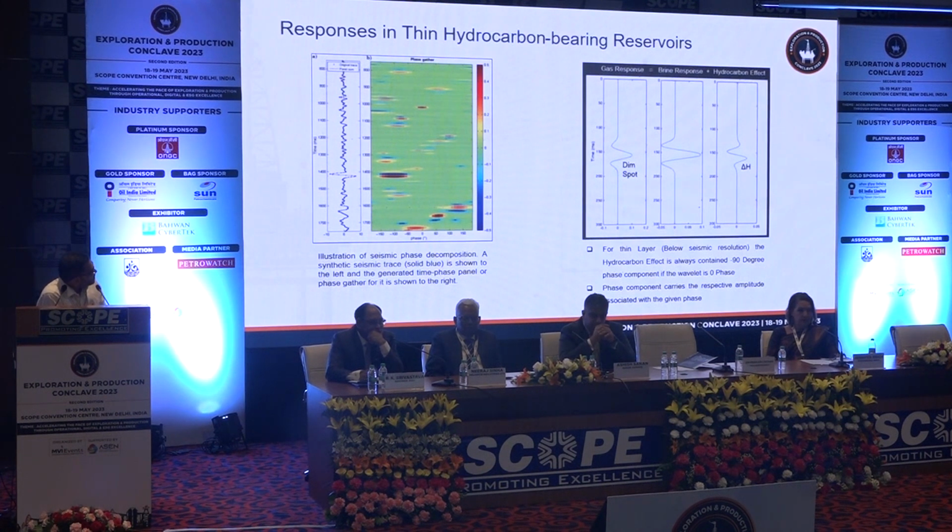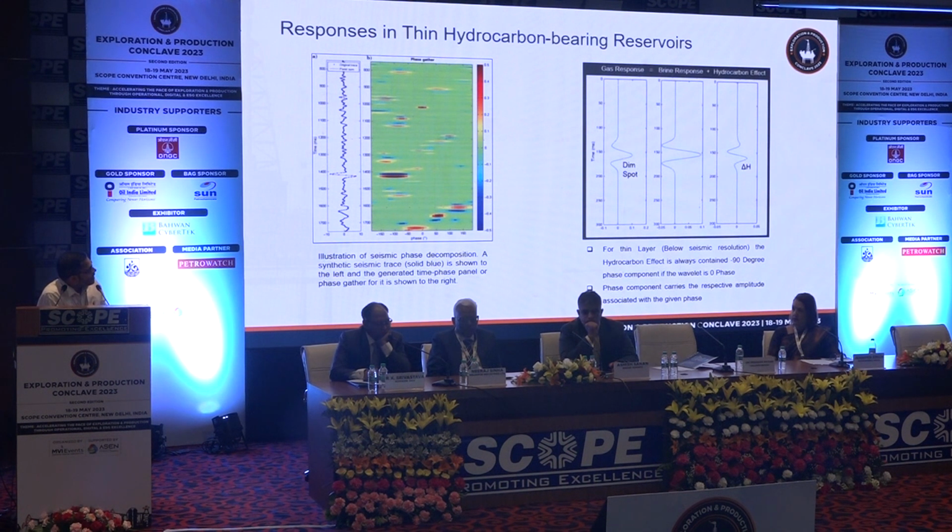So this is what I was saying. If you see this case, on the left-hand side there is a seismic trace which is reconstructed from phase gathers, which contain different phase components.